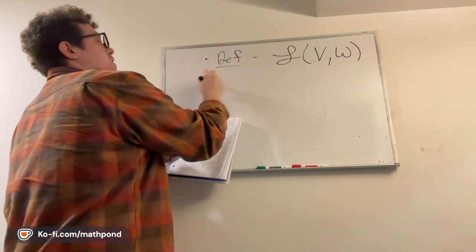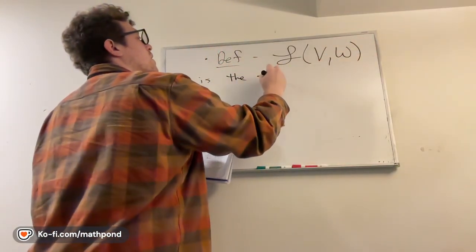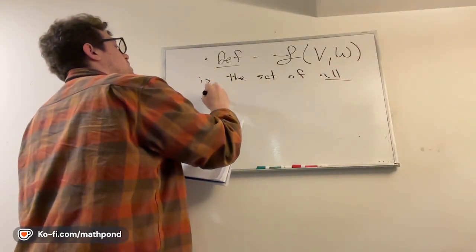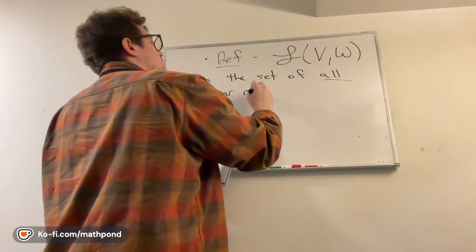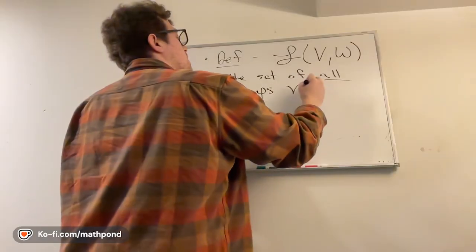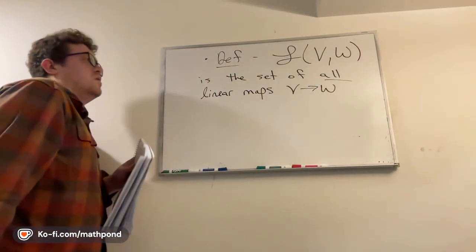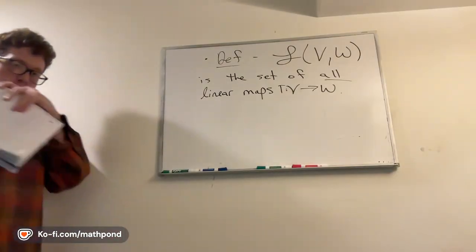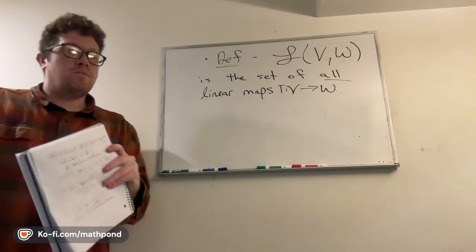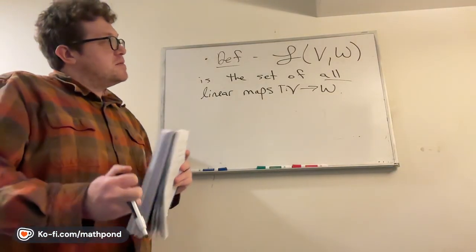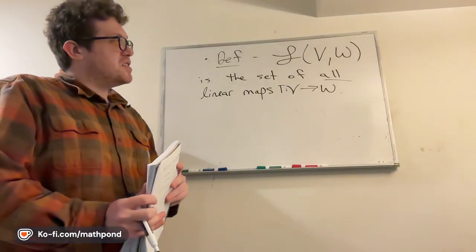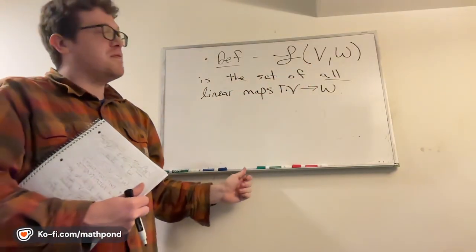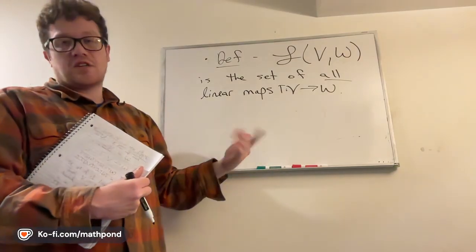So this is the set of all linear maps from V to W. And maybe it wouldn't be so interesting and wouldn't really require this special notation if it weren't for the fact that this is also a vector space.